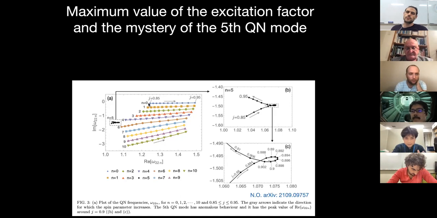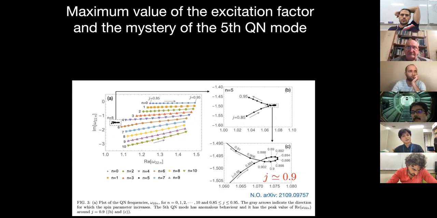So now I show you the quasi-normal frequencies running from the spin parameter of 0.85 to 0.95. Then obviously the fifth overtone is special. Again, I don't know why, but it is what it is. Zooming up and zooming up, there's a loop trajectory like this around the spin parameter of 0.9.